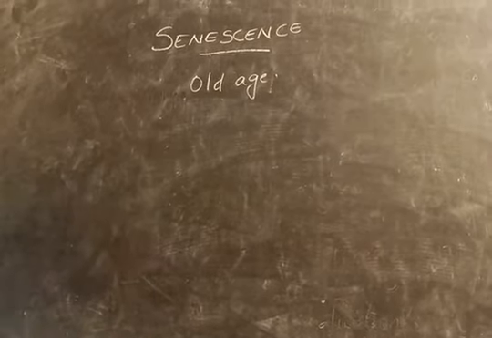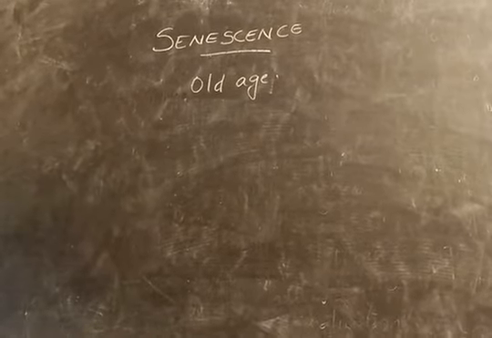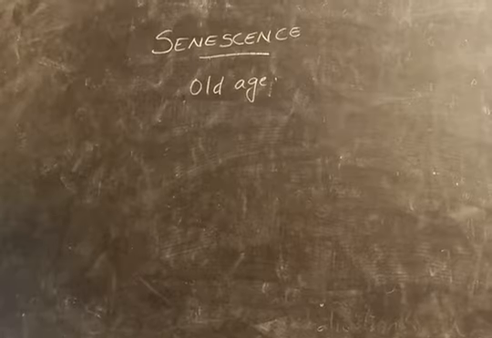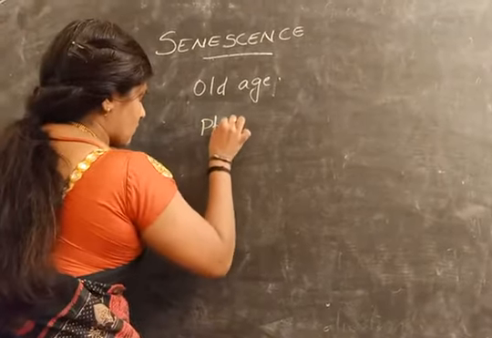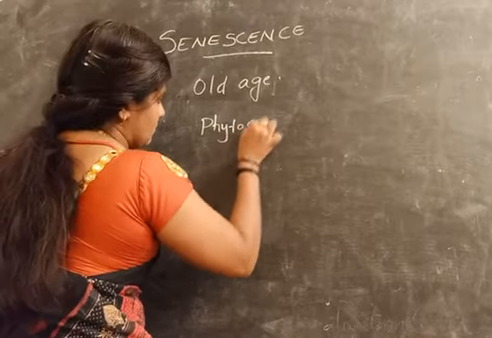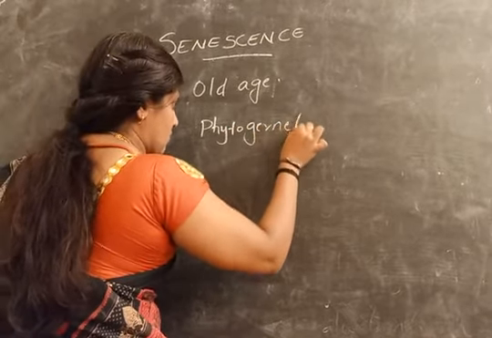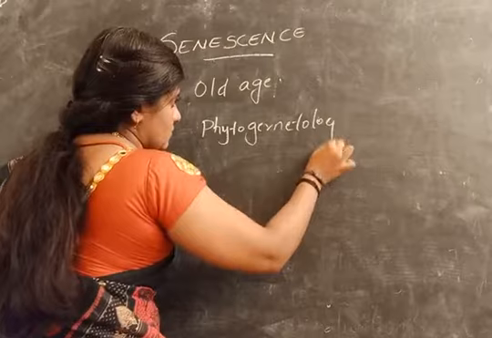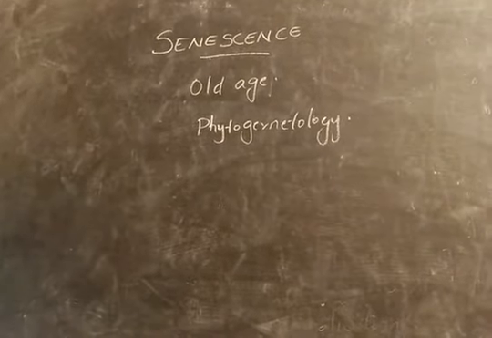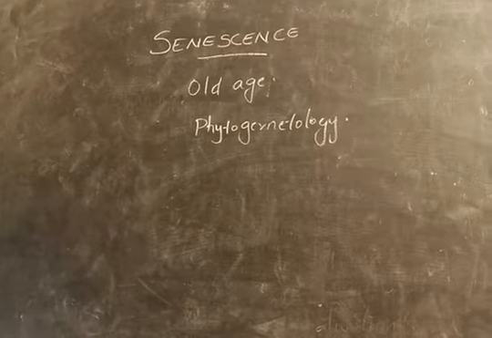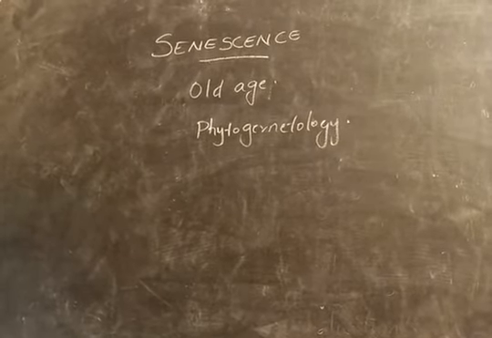The branch of botany which deals with aging and senescence is called phytogerontology. So, the old age of plants is called senescence.